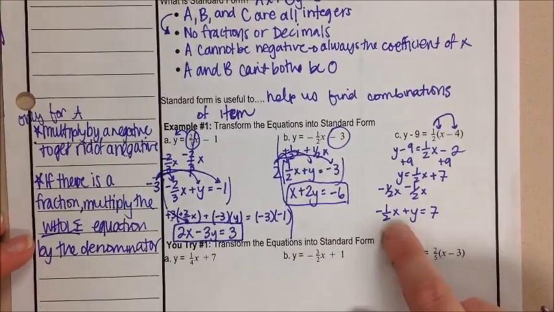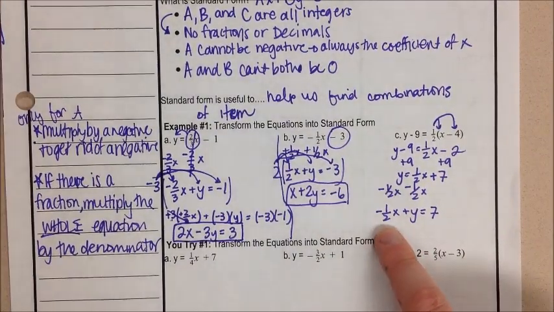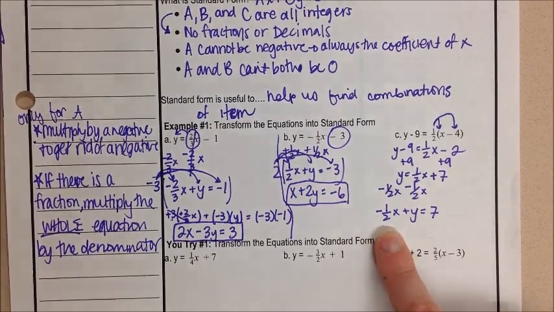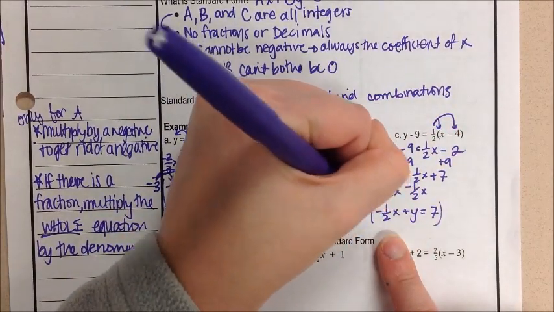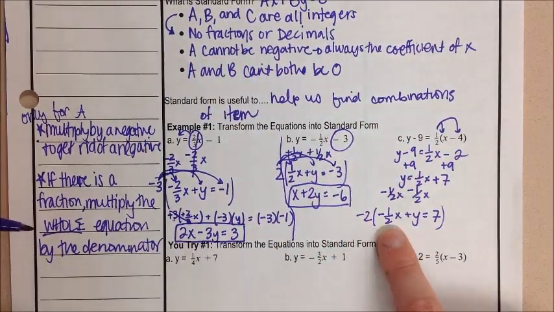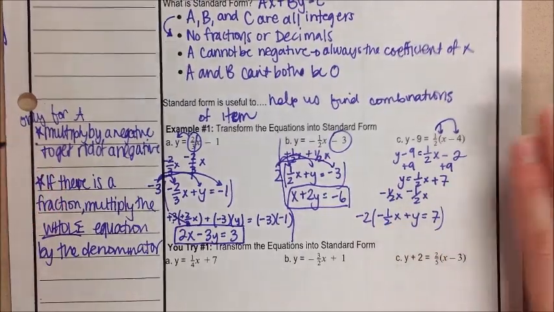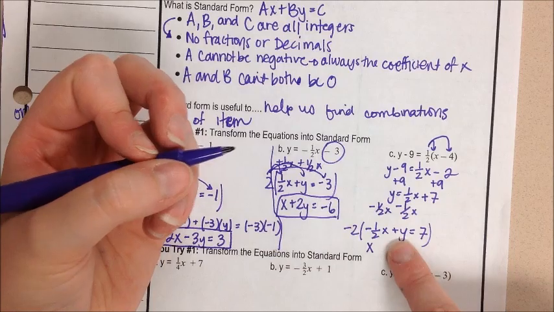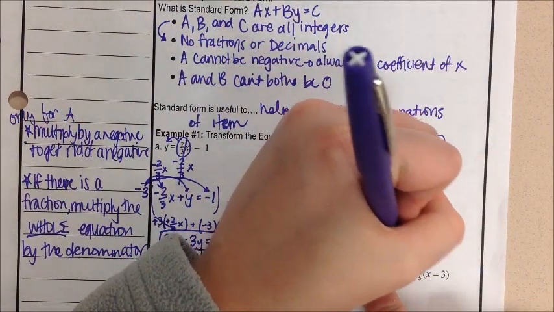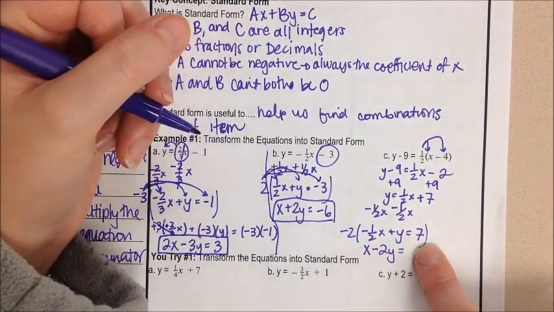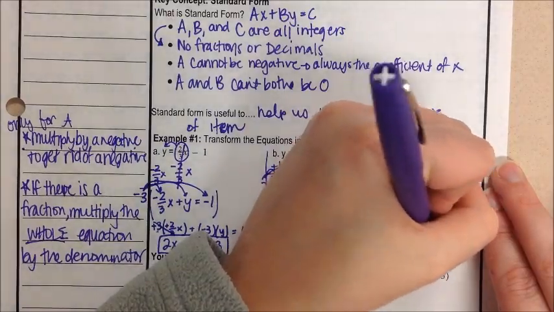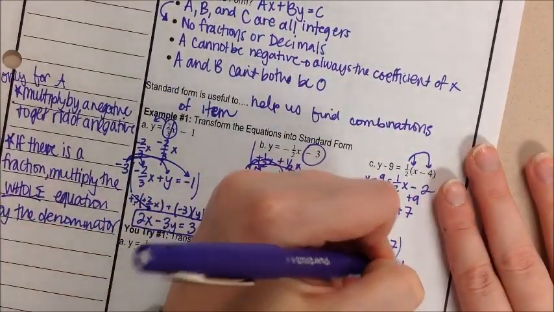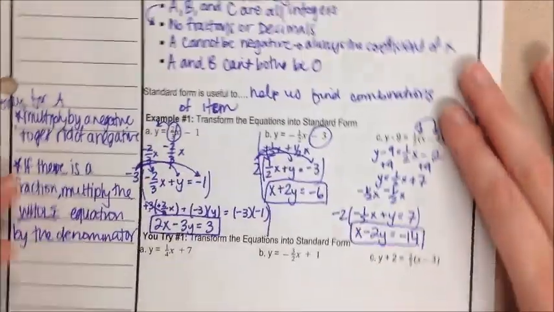So I'm going to have to multiply by a negative, and then what's the denominator of 1/2? 2. Okay, so I'm going to have to multiply by a -2. So -2 times -1/2 would be positive 1x. Okay, -2 times y would be -2y. And then -2 times 7 would be -14. Okay, so there is my standard form.